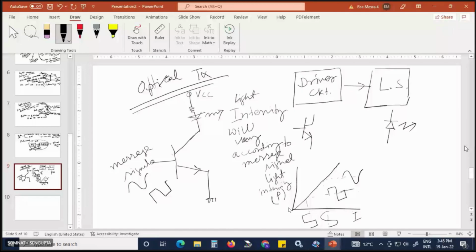There are many issues because this subject is actually a combination of electronics, physics, and optics. That's why people have developed many techniques for converting electric signals to light by optical means.